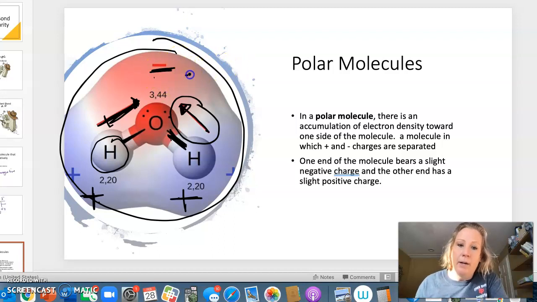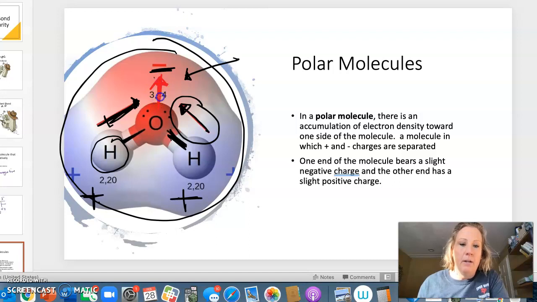You are going to play around with the PHET and see, one of the ways is with the electron density button. The red will indicate that there's more negativeness or more electrons in that region. So in the PHET, there's also going to be a molecular polarity, a molecular dipole. It'll be gold colored.